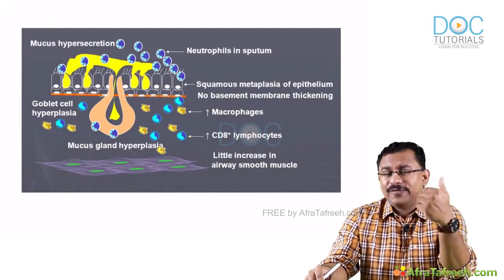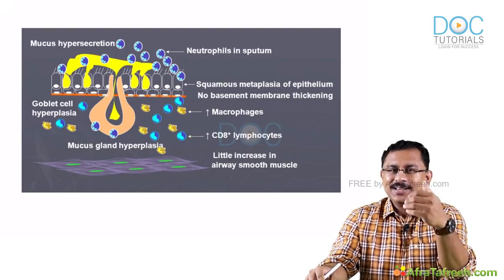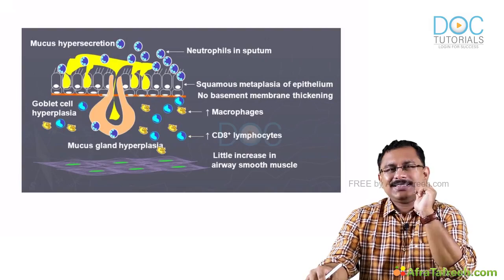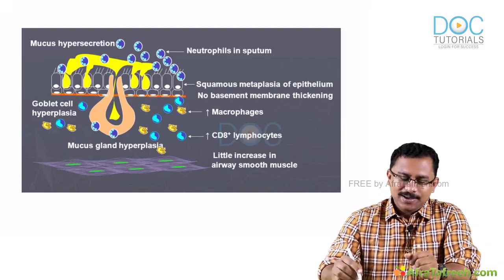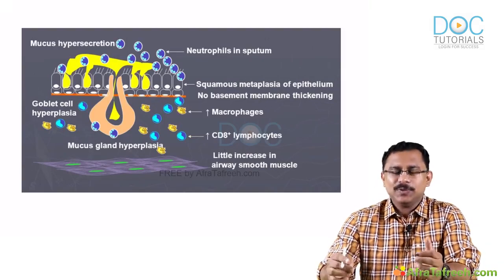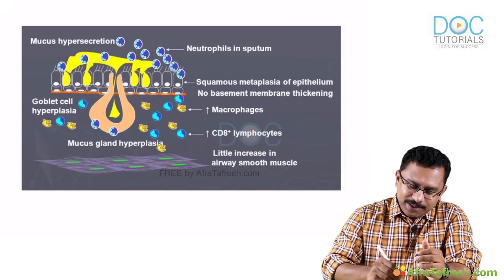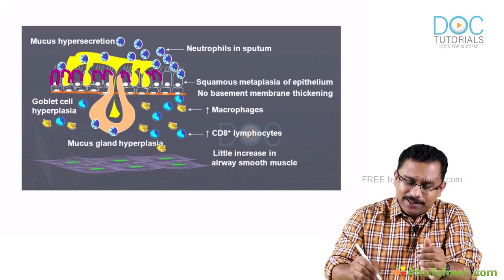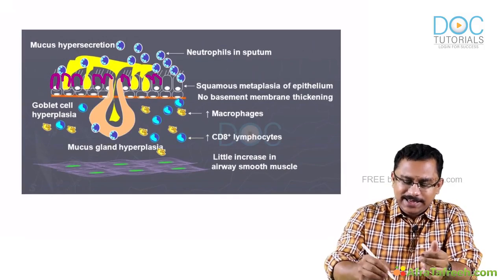Now this is quite different from that of an emphysema, so you must pay attention, because in chronic bronchitis, what happens is that, you see here, these are the bronchial epithelial cells, which are lined by the pseudostratified ciliated columnar epithelium, and I hope you can see the cilia as well.